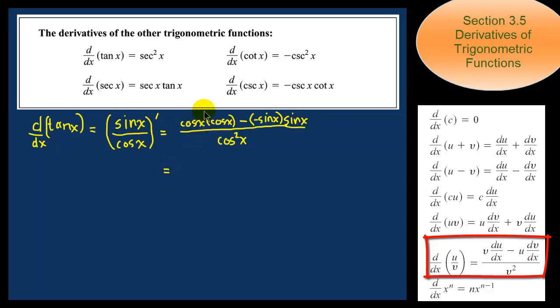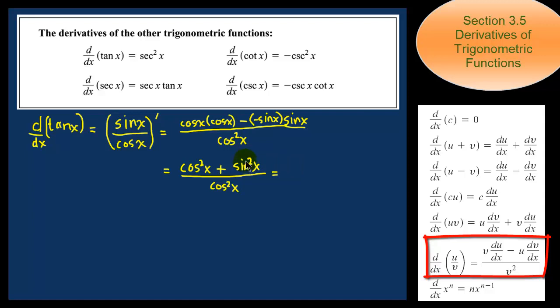And what do we have on the numerator? That's equal to cosine squared x, negative and another negative would be plus sine squared x. Now, what is on the numerator? What is this? It's the fundamental identity of the unit circle.